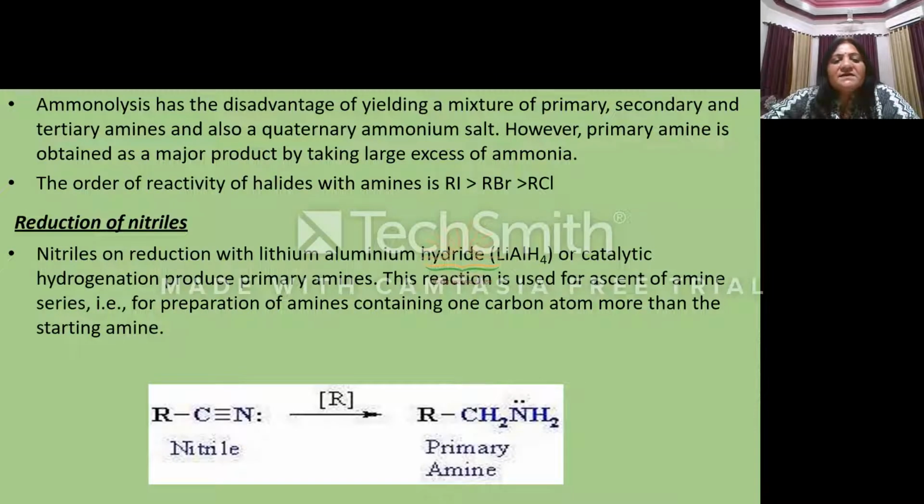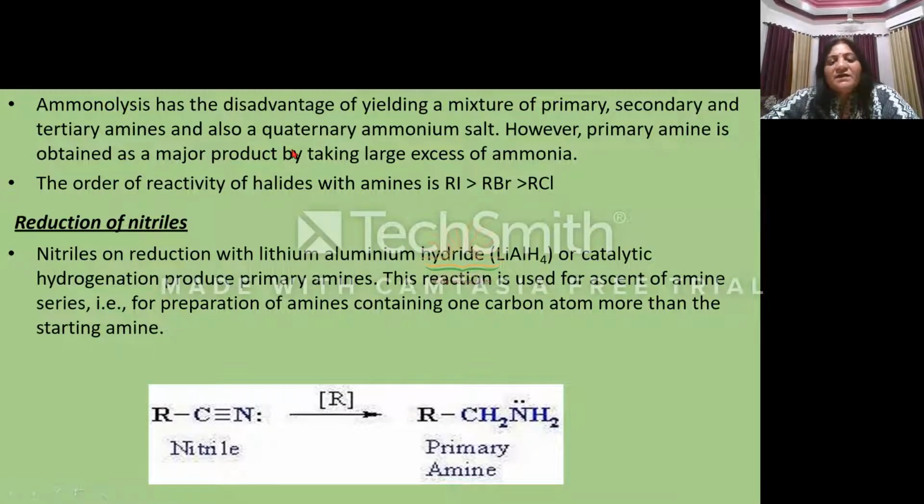Ammonolysis has the disadvantage of yielding a mixture of primary, secondary and tertiary amine and also a quaternary ammonium salt. However, primary amine is obtained as a major product by taking excess of ammonia. If we take excess of ammonia in the same reaction, then the major product will be primary amine.